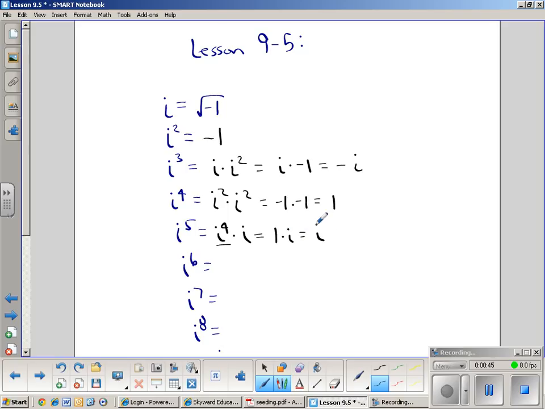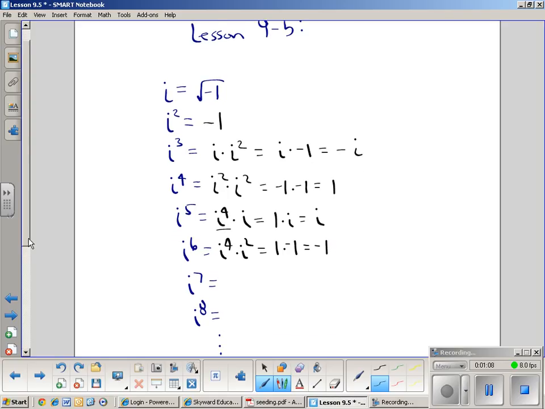What's i to the sixth? Yeah, it's going to be i to the fourth times i squared. So it's 1 times negative 1, which is negative 1.